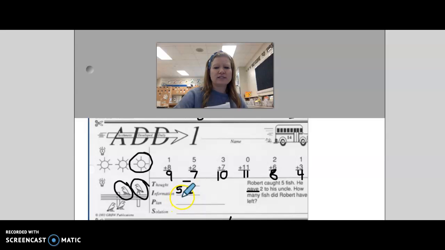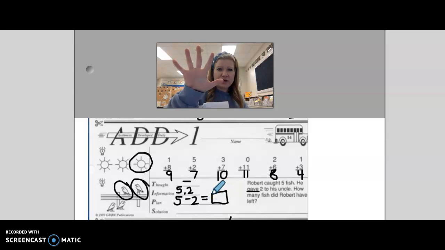Our subtraction sentence, so Robert caught 5 fish and he's giving, so we're subtracting 2 away. We want to know how many he had left. So equals blank. So if I'm at 5 and I take away 2, 1, 2, I have 3 left.